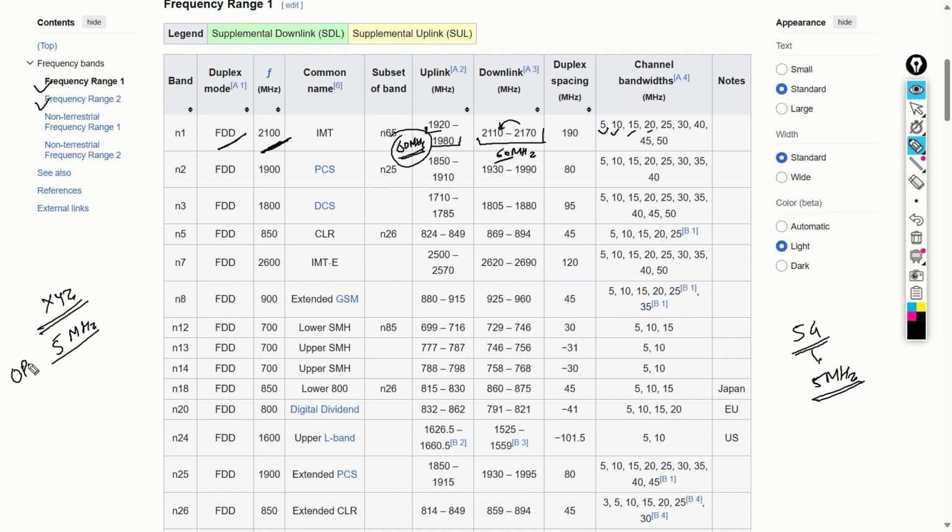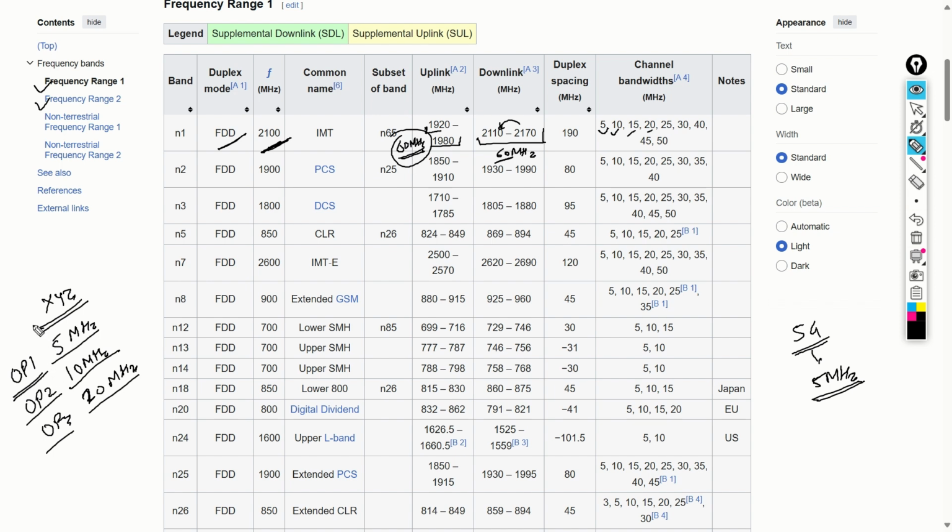So operator 1 will have 5 megahertz, operator 2 maybe their requirement is more, they will bid for 10 megahertz, or operator 3 will be bidding for more bandwidth, maybe 20 megahertz. So the requirements of the operators or their budget constraints decide how much bandwidth they want to have out of this frequency range during the bidding, and this is how they will be purchasing these frequency bands.